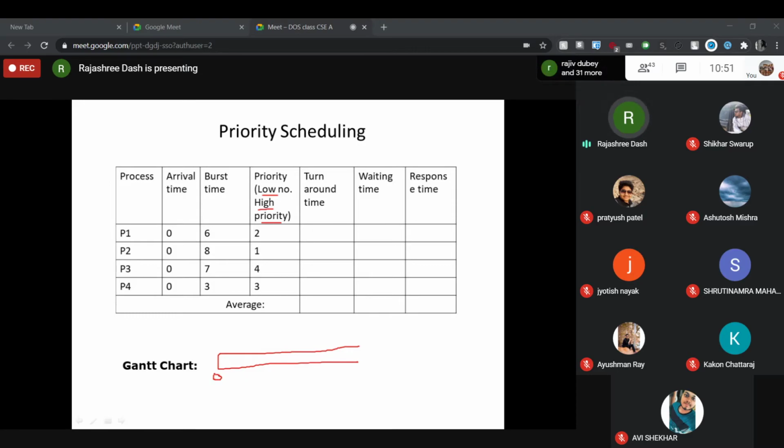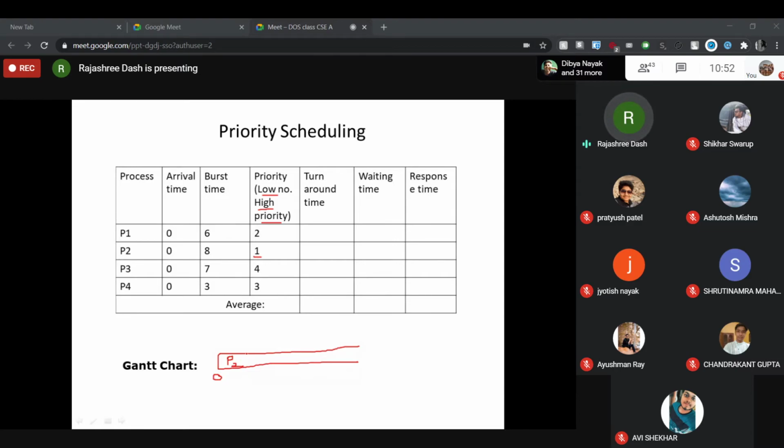Here the scheduler, instead of comparing the burst time, will choose the process having the highest priority. As here low number is high priority, who can tell me which process will be selected by the scheduler? P2, because it has the highest priority, that is 1. Low number is high priority. So P2 will be allocated.